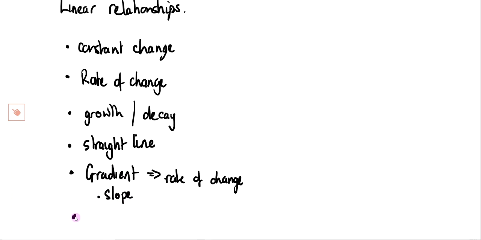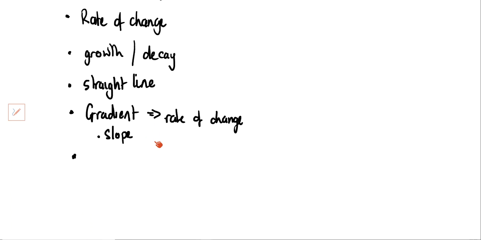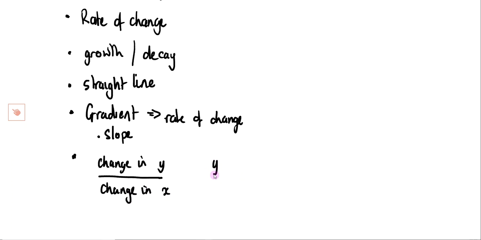Do we have a way of working out what the rate of change or the gradient is? Yeah, so we're looking at the change in the y coordinates divided by the change in the x coordinates, okay? Also written as y2 minus y1 over x2 minus x1, okay? Or the other way around, as long as it's consistent.